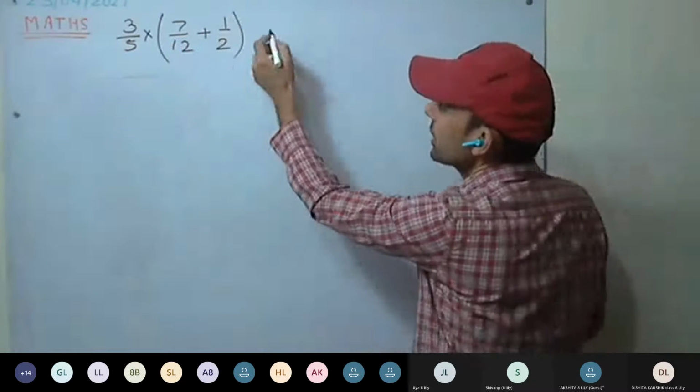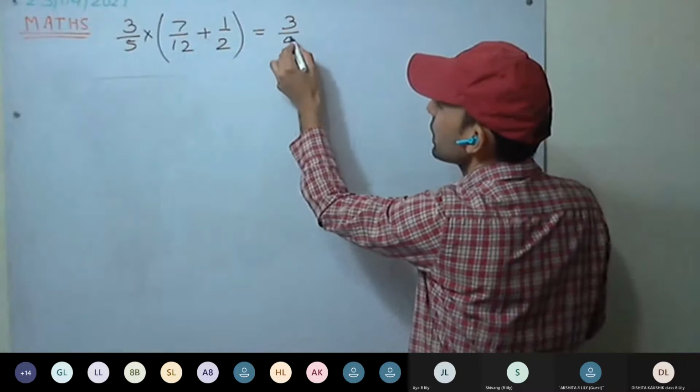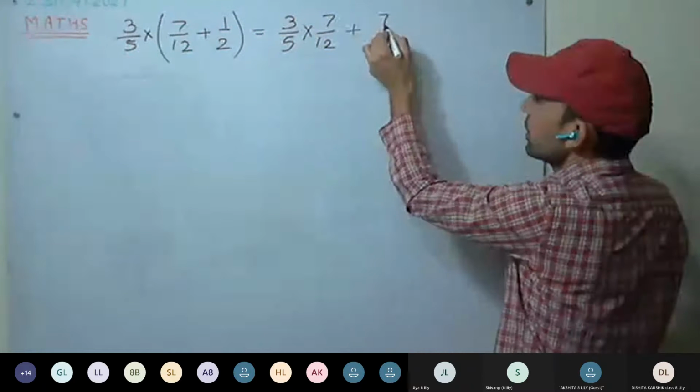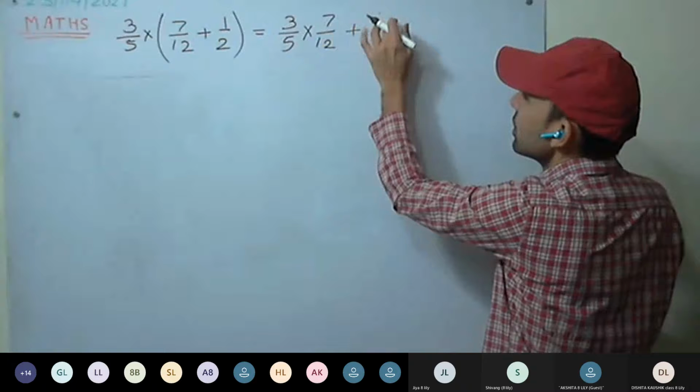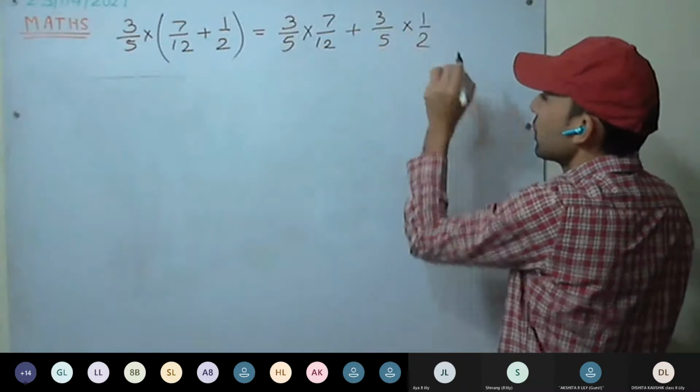Okay, this is our left hand side. What is the right hand side? We are distributing multiplication over addition: 3 upon 5 into 7 upon 12, plus 3 upon 5 into 1 upon 2.